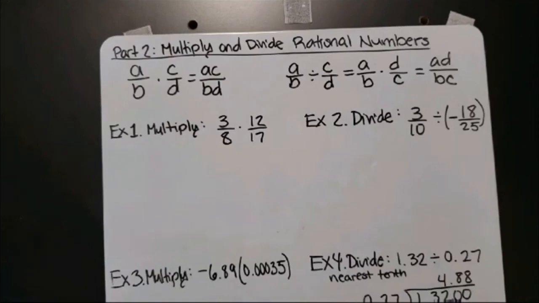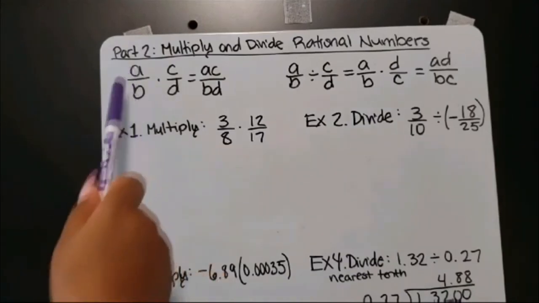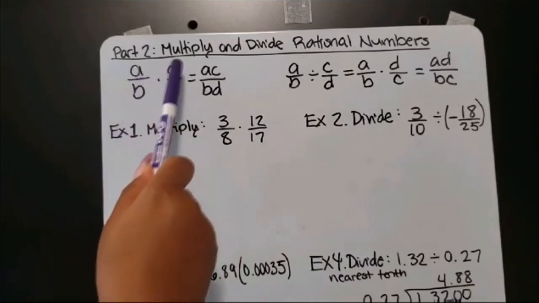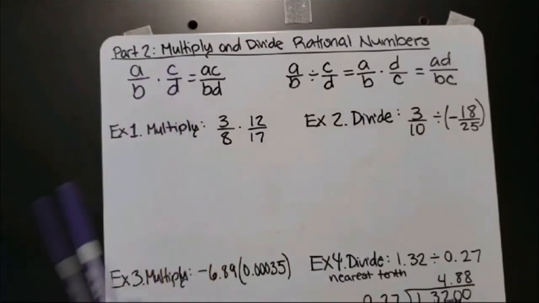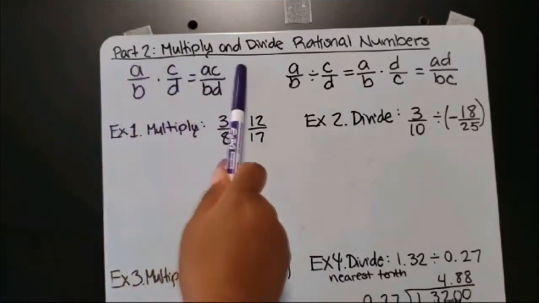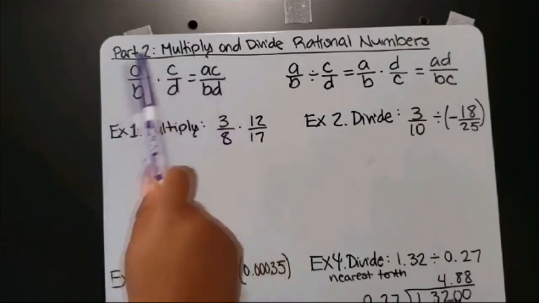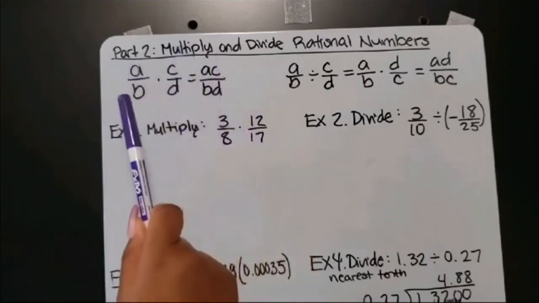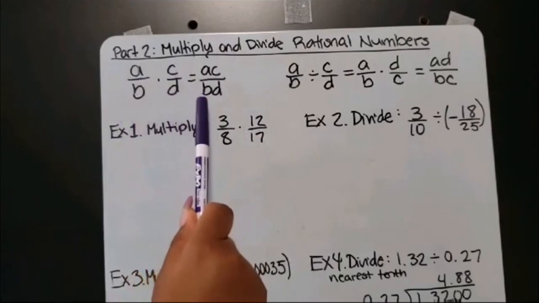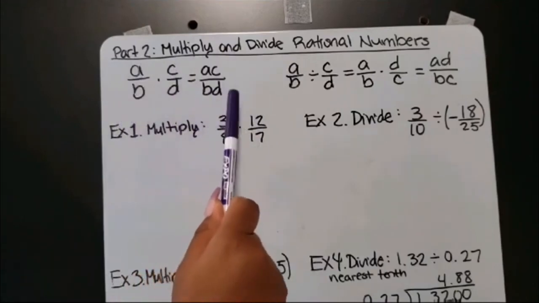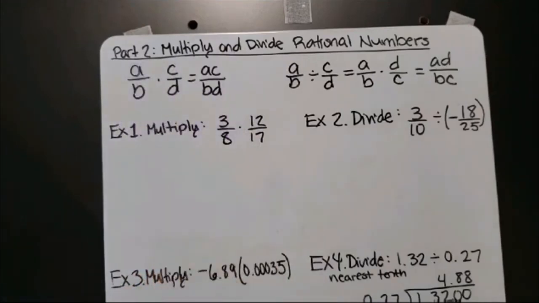You just multiply straight across, okay? So if we had A over B times C over D, we'll just multiply the numerators together, A times C to get AC, and B times D to get BD. All right? Pretty simple, okay?